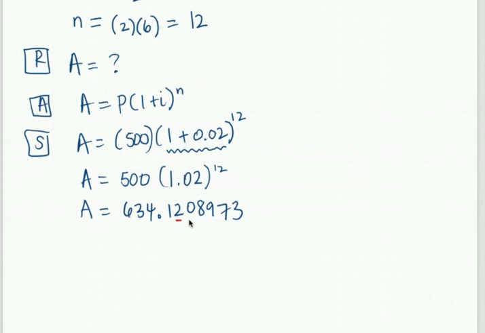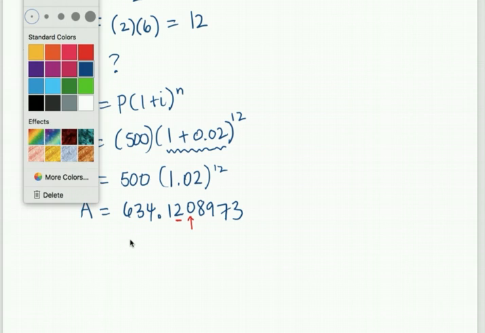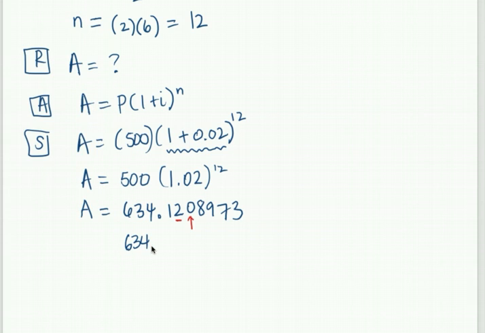You keep this 2, but look at the next number beside it, because you're going to dump all of the rest. It's a 0. If it's less than 5, you don't round, so we just keep this as 12. It'll be $634.12.